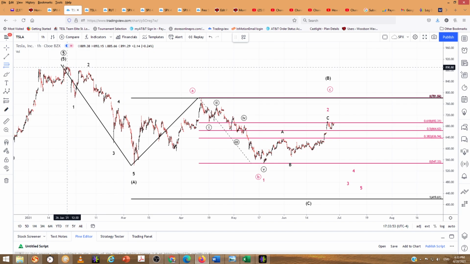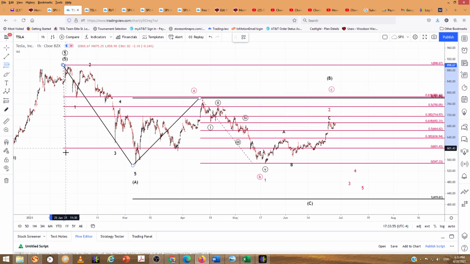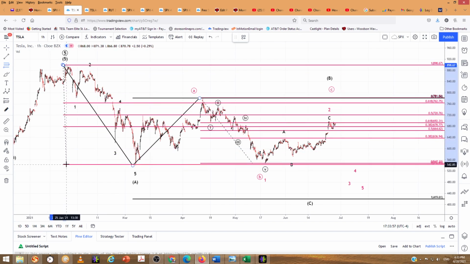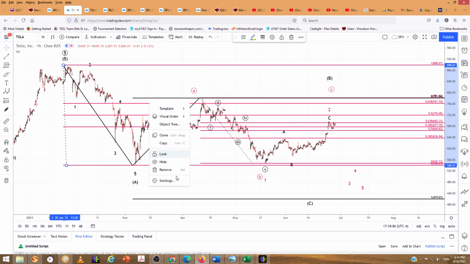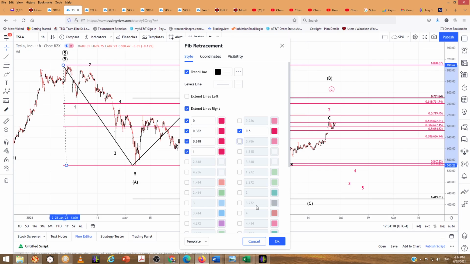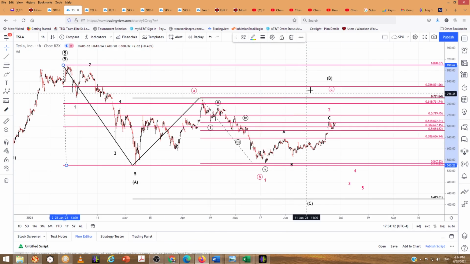There's a few different counts on this that are valid, which makes trading it a little tricky. Okay, see, this went up in wave A right above the 618. Let me throw the 786 in there, because sometimes it does that. Okay, there it is up there, right by that B. That's at 821. So we've got to watch this play out.